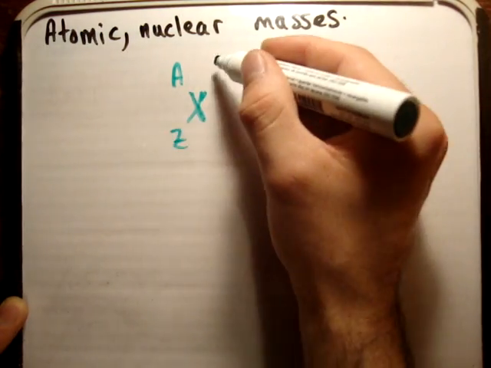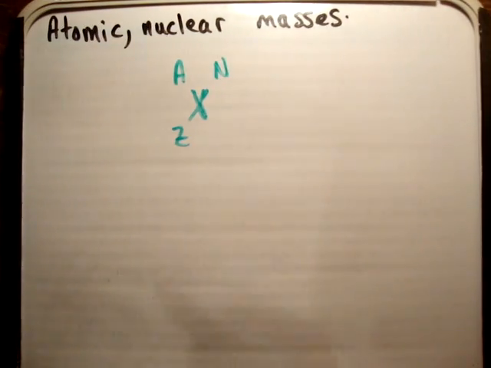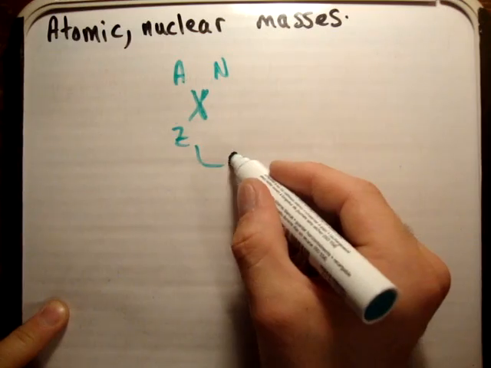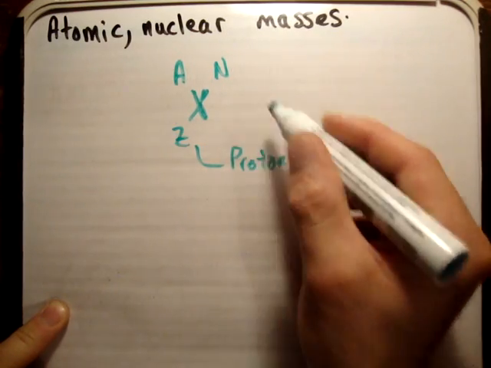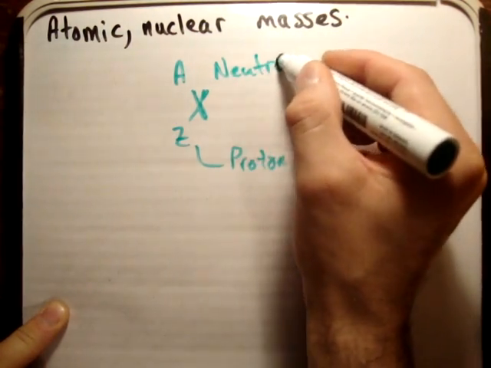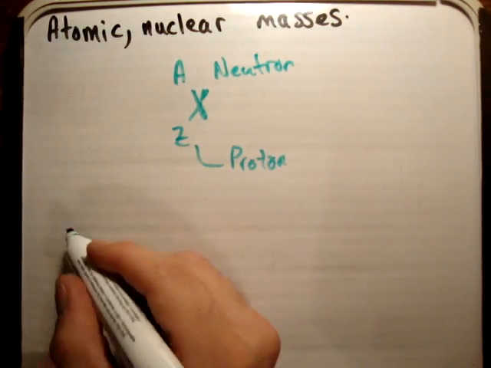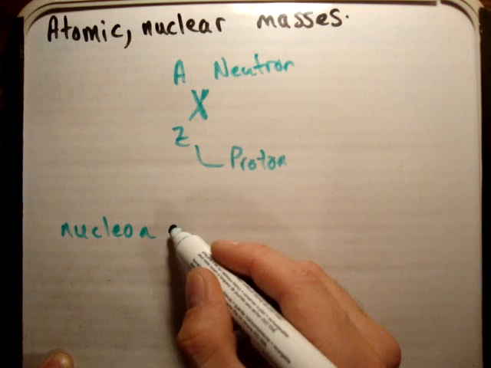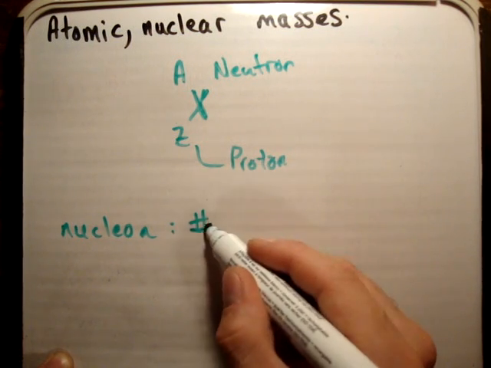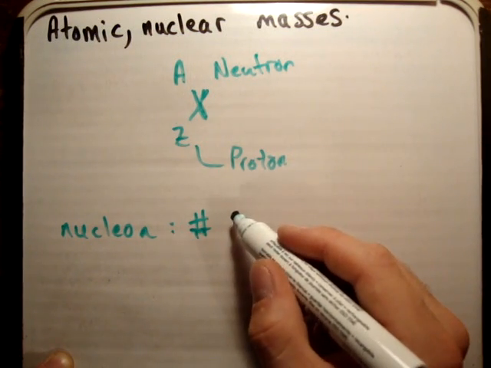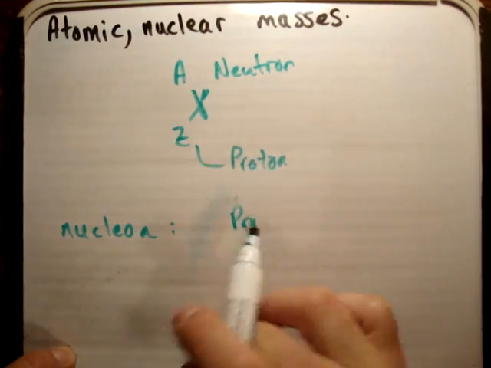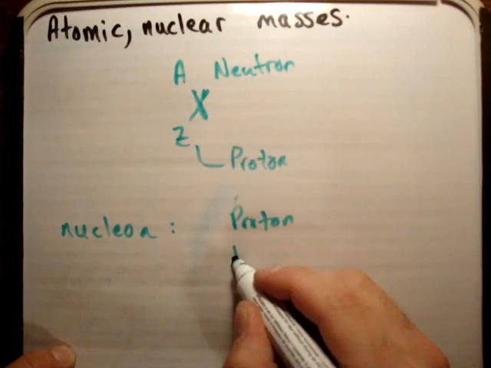So we write this by saying the following. If Z is the number of protons, N is the number of neutrons, and A is the total number of nucleons. A nucleon is either a proton or a neutron.